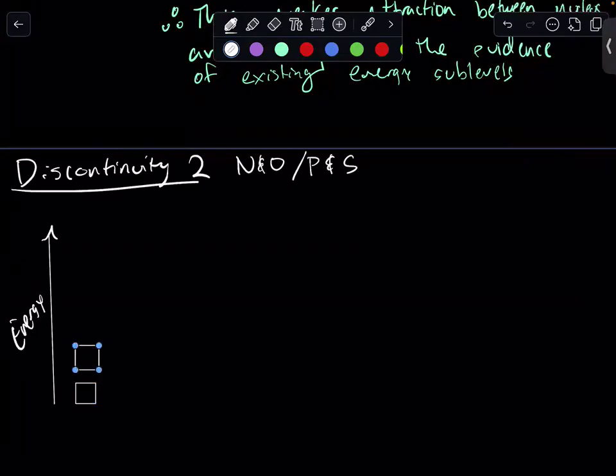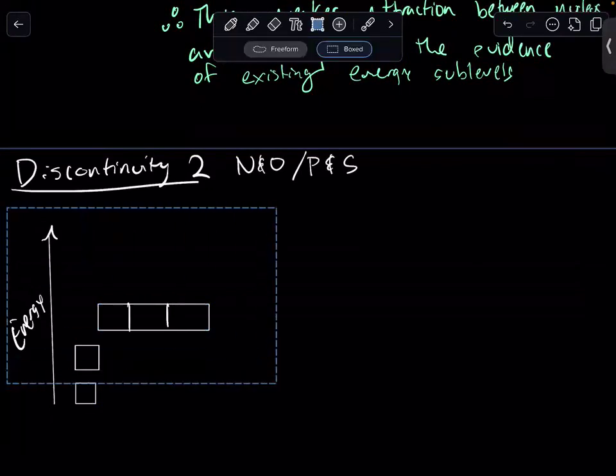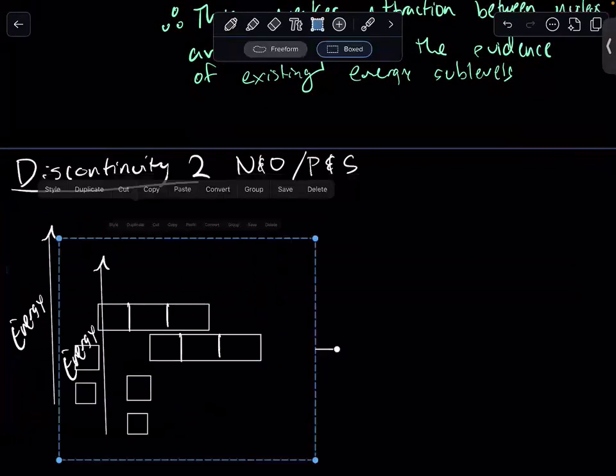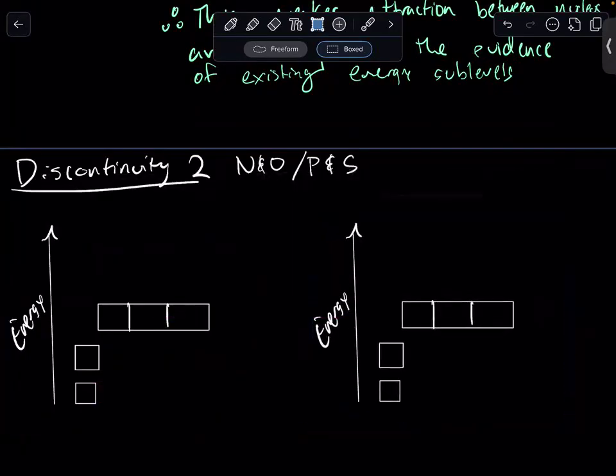Maybe I should have just done this from the start. So in this case, we're going to be looking at nitrogen and oxygen. It's just easier because I have to draw fewer boxes.